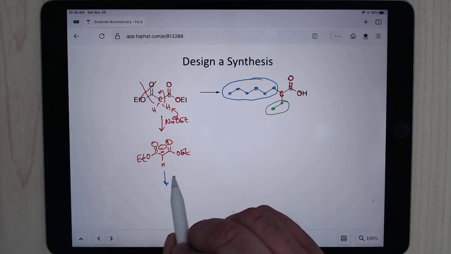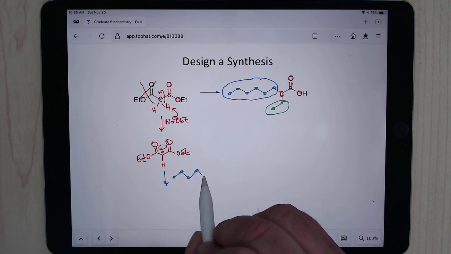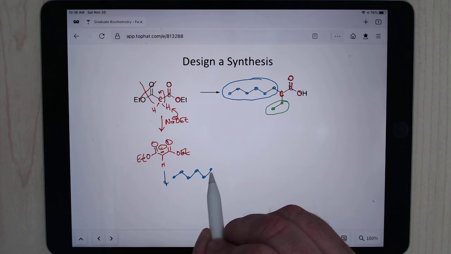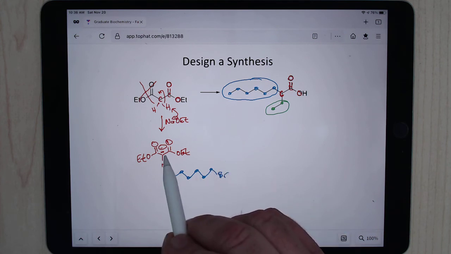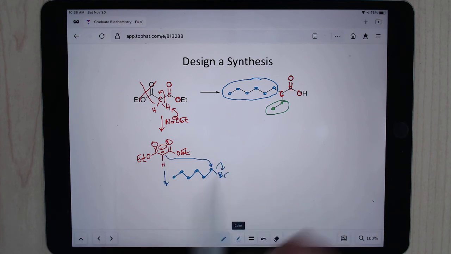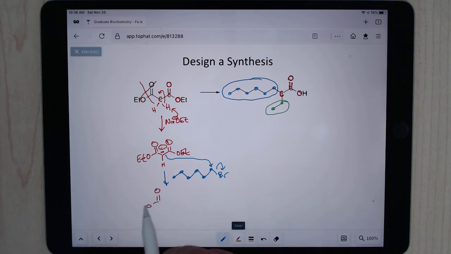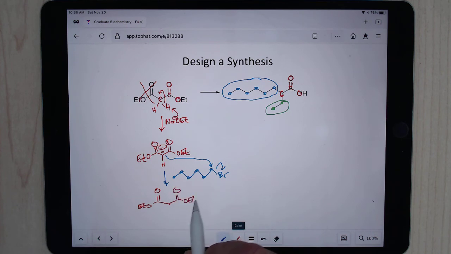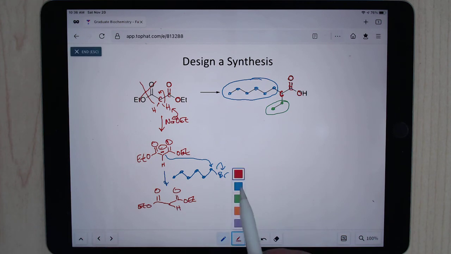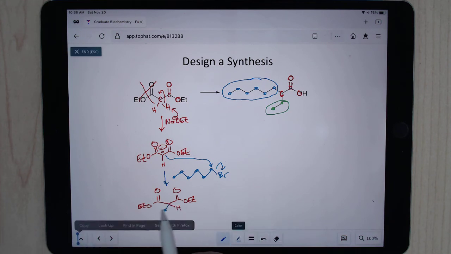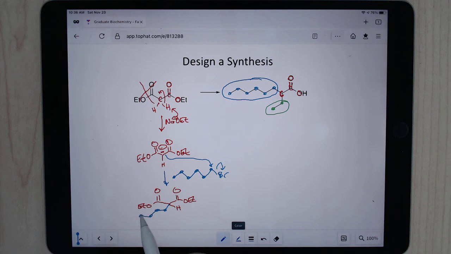So we're going to have a 6-carbon bromide there. So that's going to attack there. Kick that away. And so we're going to have this. Now let's go through the cycle again.